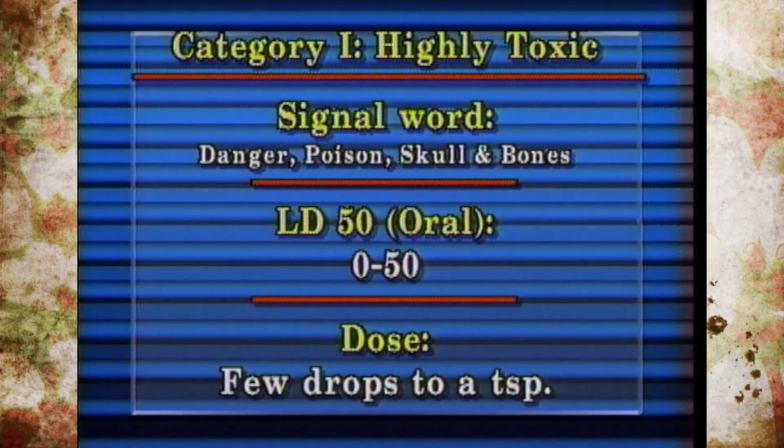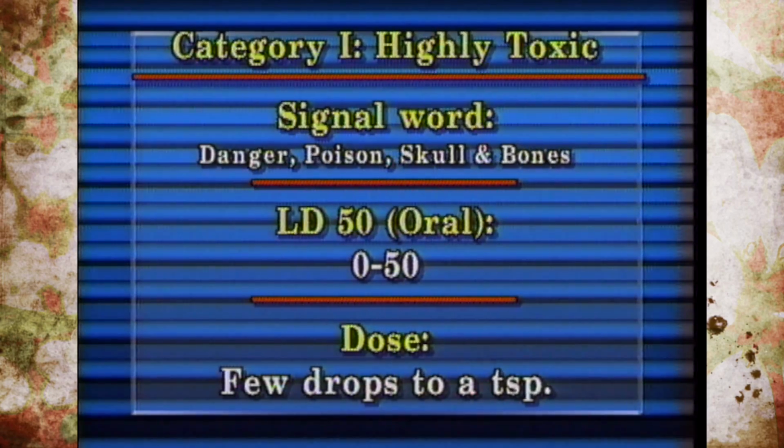And the categories of LD50 are based on either oral contamination, dermal, or inhalation. I'm going to give you the numbers for oral. If the number falls between 0 and 50, again it would be rated danger or highly toxic, and the dose to do that would be a few drops to a teaspoon would be the probable dose to cause toxicity.